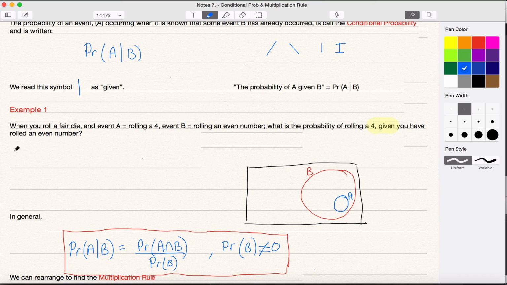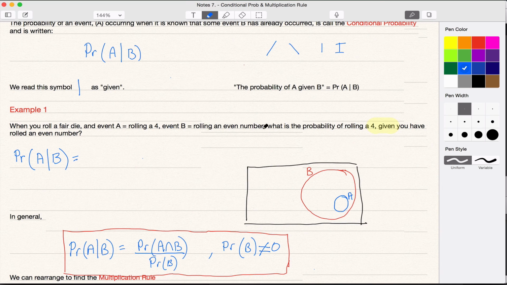So we're looking for the probability of A, which is rolling a 4, given B, which is rolling an even number. A probability of event A occurring given we know B has occurred.